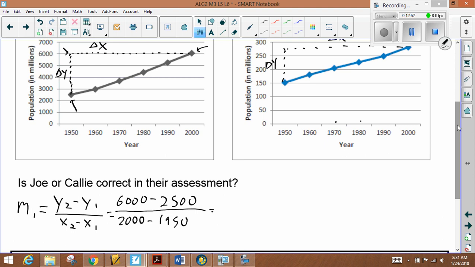And if I put that into my handy-dandy calculator, I come up with 70. So what does that mean? That means that according to this graph, the world population increased by 70 million humans per year.